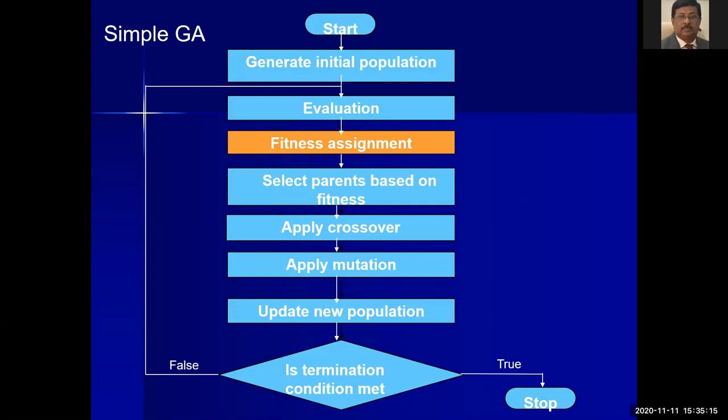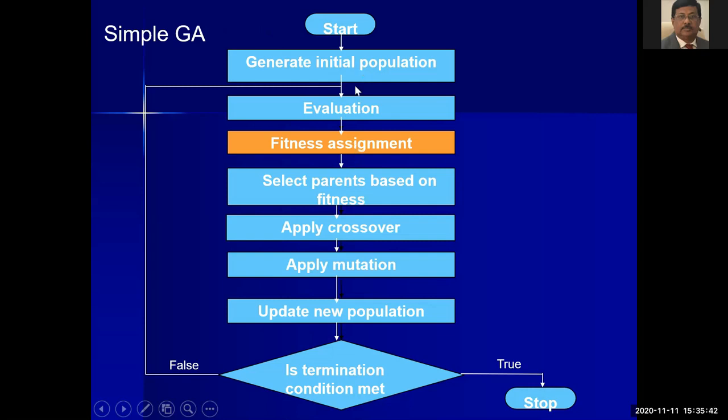In the case of a mathematical programming technique, a conventional optimization technique, the majority is based on a single point. So the starting point is a single solution. After that, with every iteration, the solution will improve. But in the case of GA, we need to start with a random population. So we need to generate the initial population. After that only we can proceed.